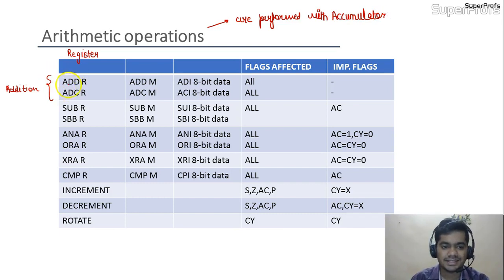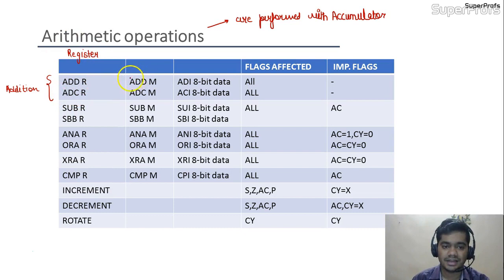Suppose this is the instruction ADD R, it means we are adding the content of register R to the accumulator. Similarly, ADC R means that we are adding the content of R to the content of the accumulator, plus the carry, that is, this addition is with carry.